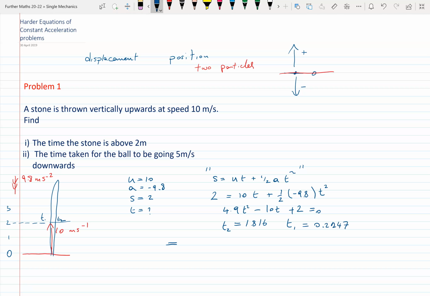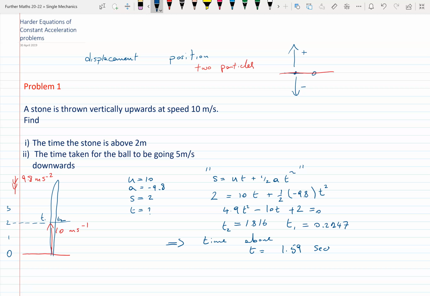So the time above will be the difference between these two, which is 1.816 minus 0.2247, which is 1.59 seconds to three significant figures.